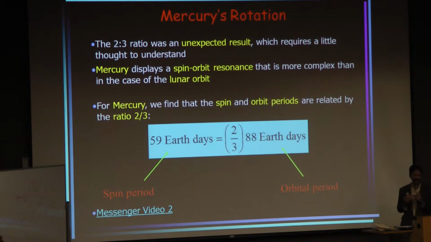But Mercury is not keeping the same face toward the sun. Instead, the spin period is 2/3 the length of the orbital period, not equal to 1-to-1. That means that for every 3 sidereal days, there are 2 years on Mercury.